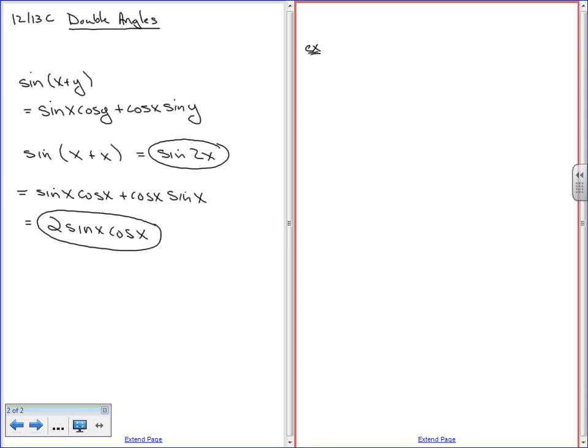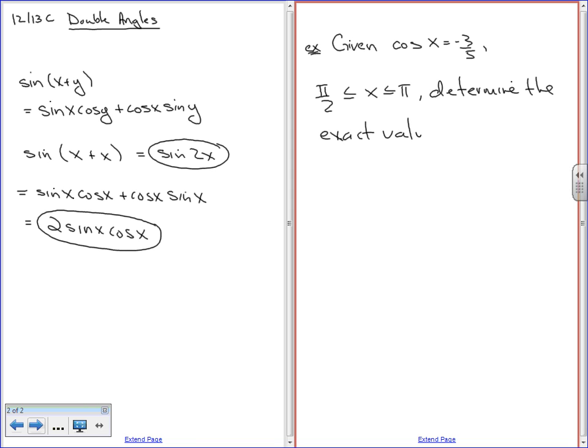So, example: given that the cosine of x is equal to negative 3 over 5, and angle x is between pi over 2 and pi, determine the exact value of, and we'll start off fairly simple, I want to figure out what the value of sine x is.